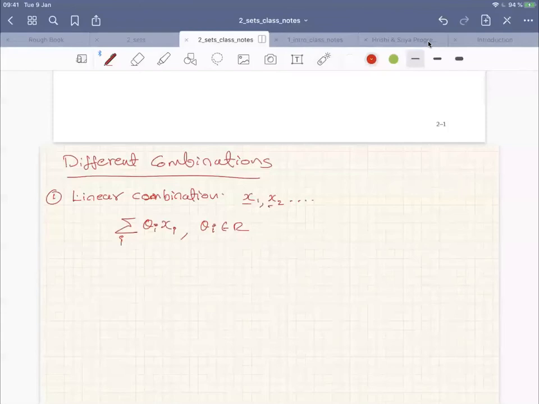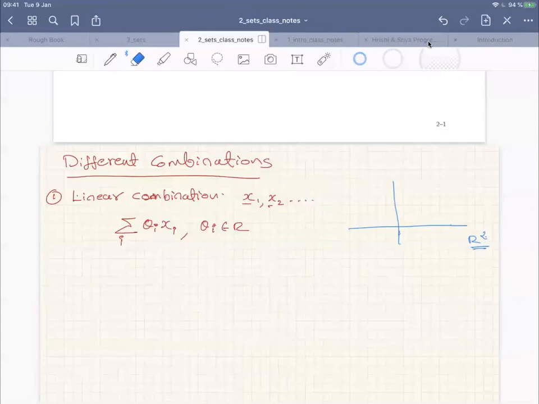Let's try to understand what is happening here by taking a case. Let's consider R2, and let's consider 2 points in R2. For example, this is x1 and this is x2.